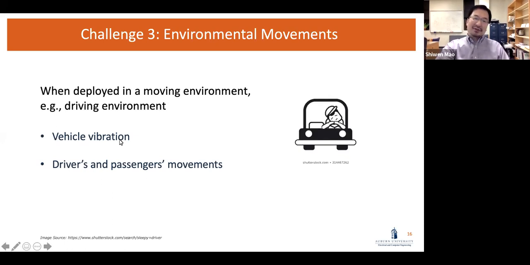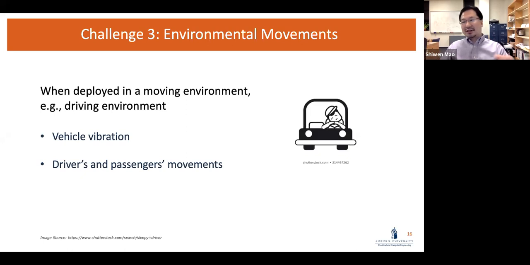In such a dynamic environment, there's a challenge from the environment. For example, the vehicle is vibrating. Even if the car is not moving but the engine is on, the vehicle is always vibrating. And when you drive through the streets, the road is not flat, so there's bumping. Also, the driver will not be stationary and quiet all the time.